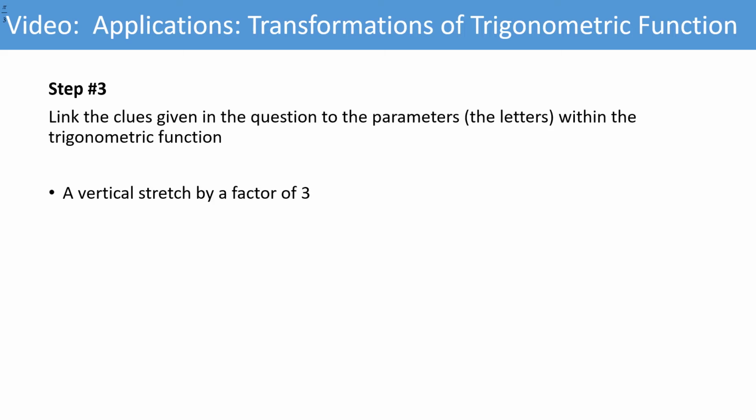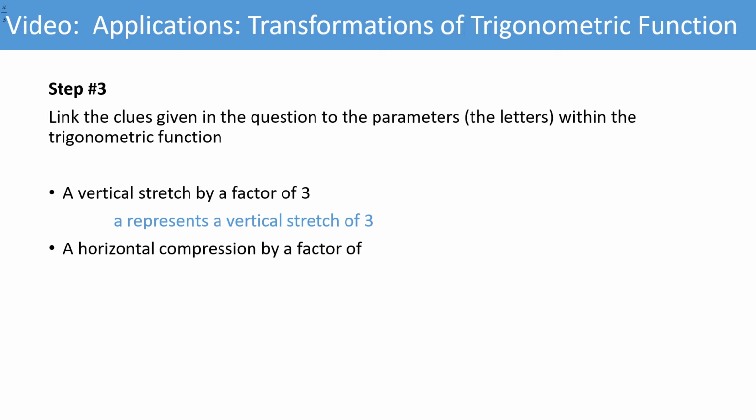From there, we're going to link the clues given in the question to the parameters, or the letters, within the trigonometric function statement. A vertical stretch by a factor of 3 means that a will equal 3. A horizontal compression by a factor of 1/2 means that k represents a horizontal compression of 1/2.